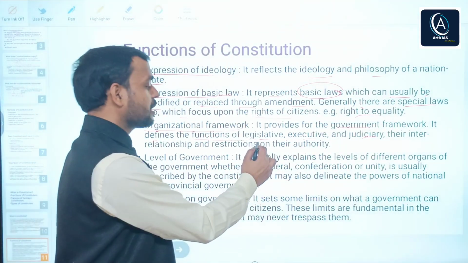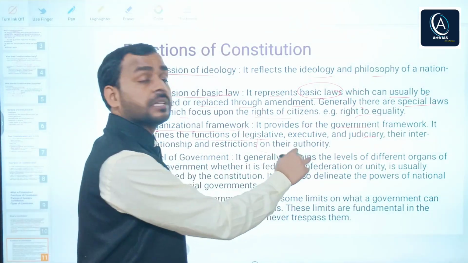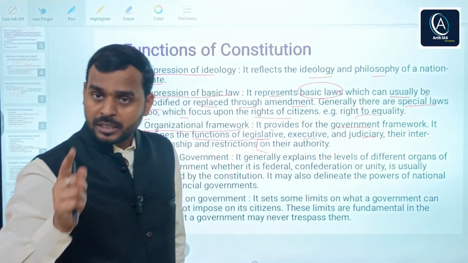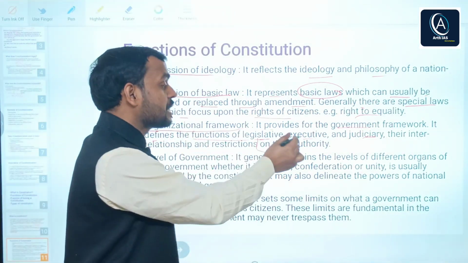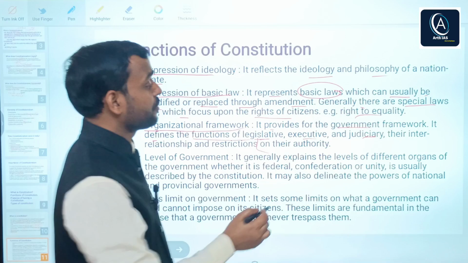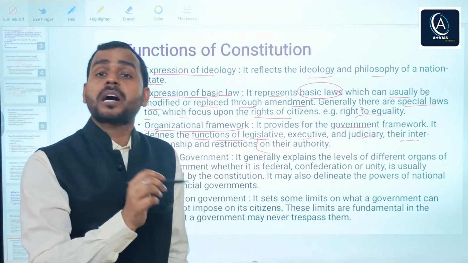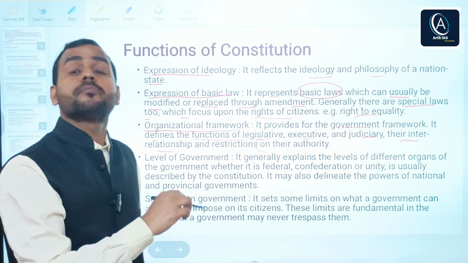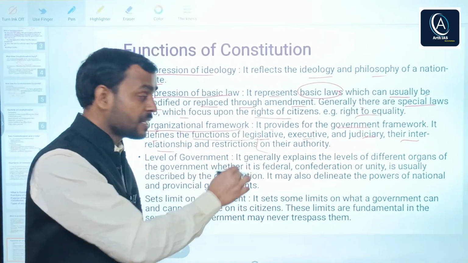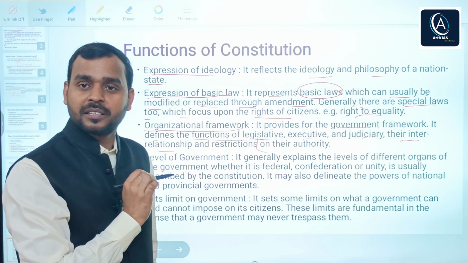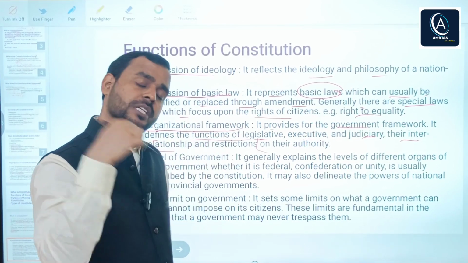simple. Legislative makes law. Executive implements law. Judiciary delivers justice and reviews the actions of legislature or executive. Their interrelationship is ensured through the method of checks and balance. We will discuss checks and balance and separation of power in another topic.